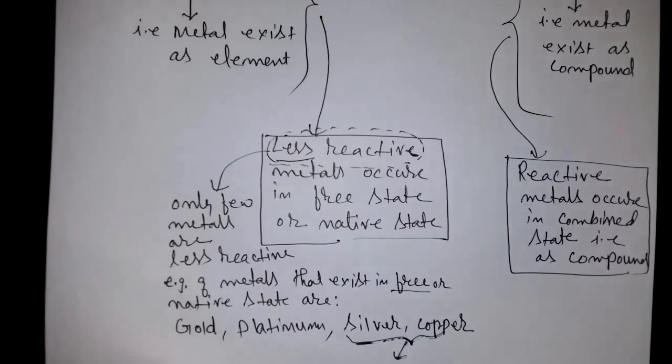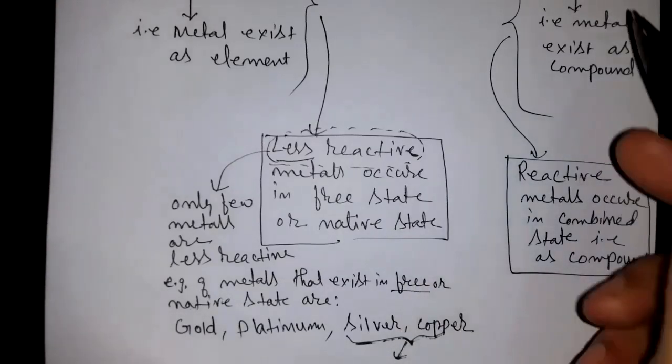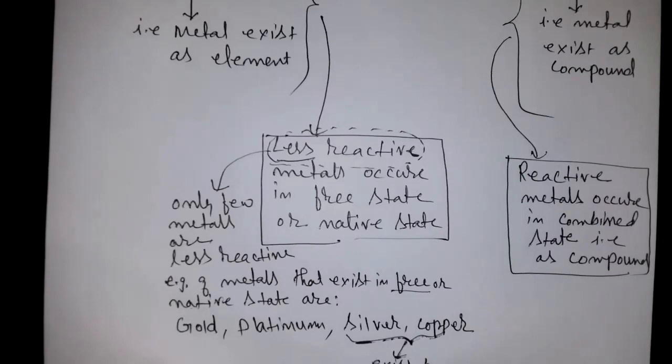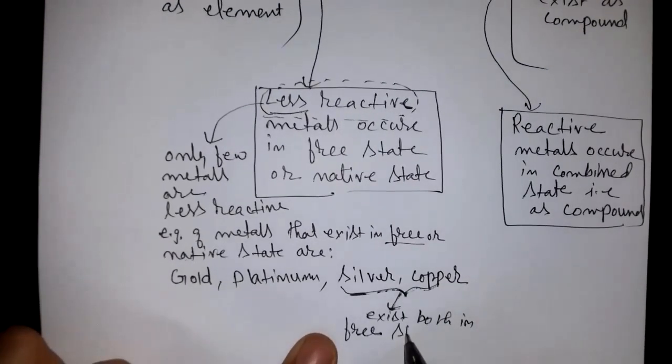can also occur sometimes in compound. That means silver and copper will occur both free as well as combined. So silver and copper exist both in free state and combined state.